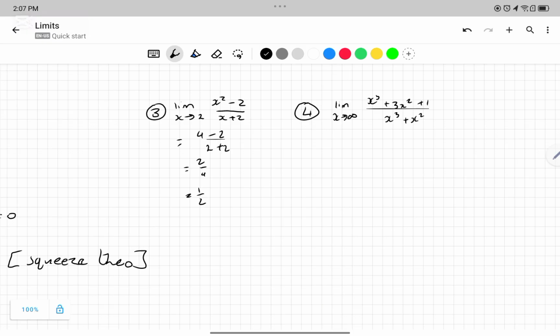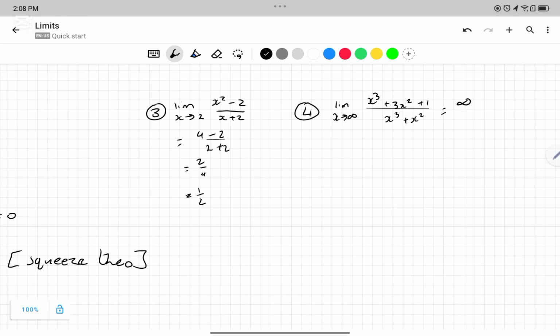So the trick one could use here is you could substitute the infinities. Infinity over infinity is indeterminate, right? So you cannot say infinity over infinity is 1, because look at this.